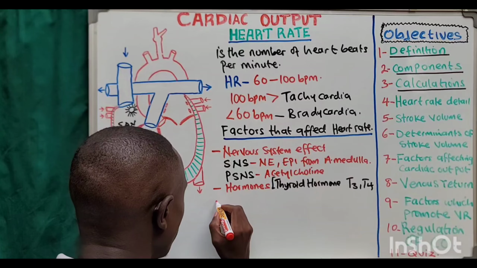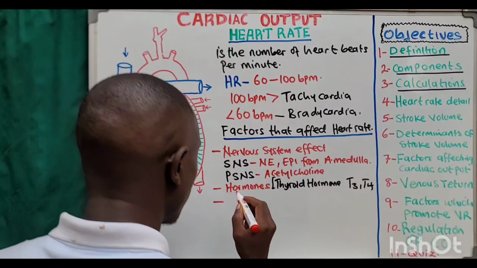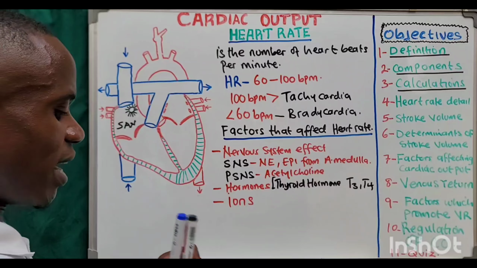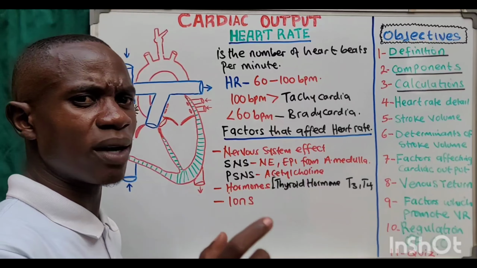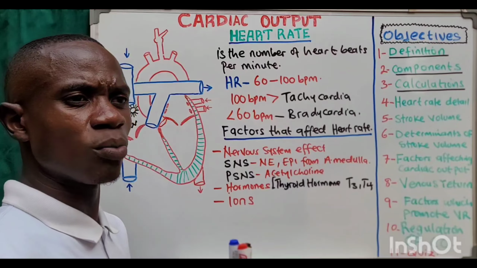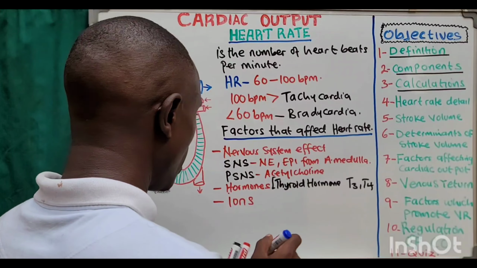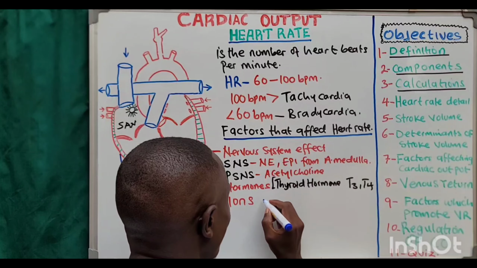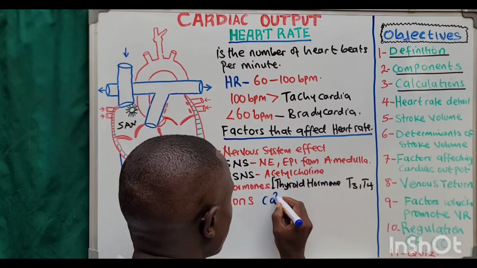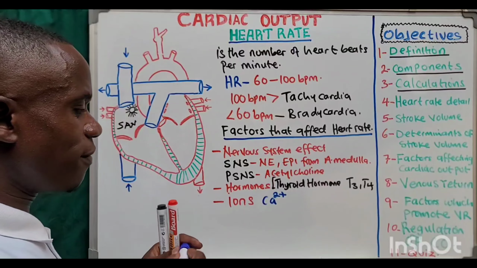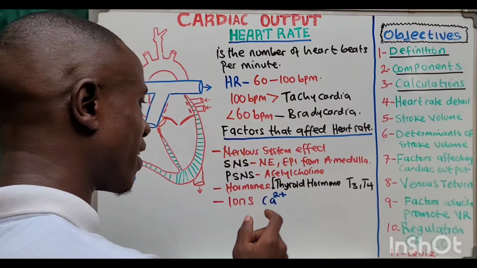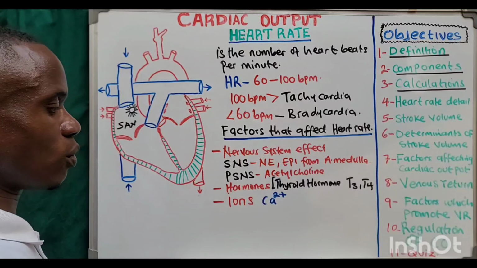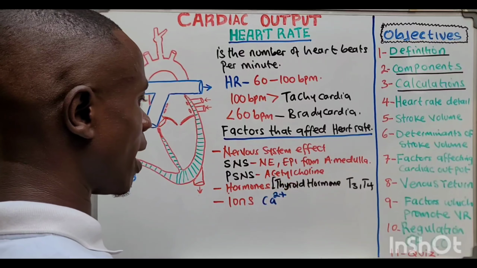Now, another factor which can affect heart rate is going to be ions. And when I talk of the ions, there are important ions that are going to be affecting heart rate. The first one, which is so important in increasing heart rate, is going to be calcium. And high levels of calcium are going to be significantly increasing the contractility, which also increases the heart rate.